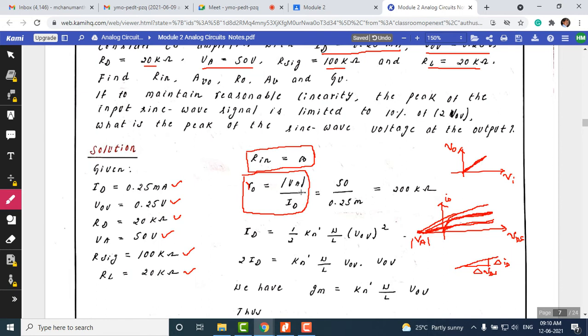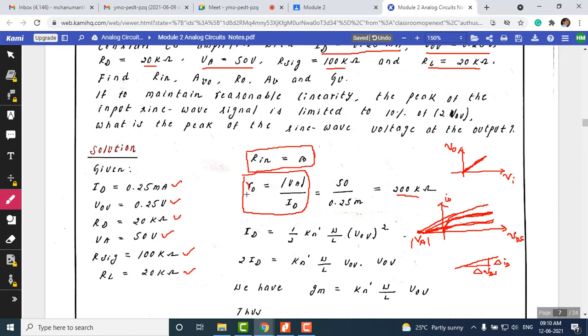In this problem we need not go to that much analysis, but if you know this equation, you can just substitute VA and ID. VA is given as 50, and ID is 0.25 milliampere. Substitute here and the value of R naught is going to be 200 kilo ohm. Remember that the R naught value will be very large, so this will suppress your voltage gain in the common source amplifier.